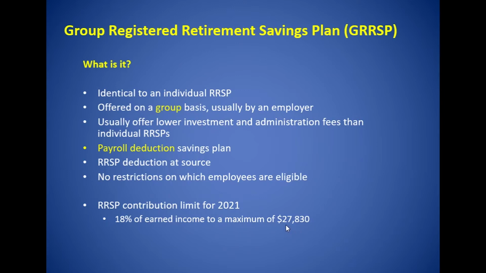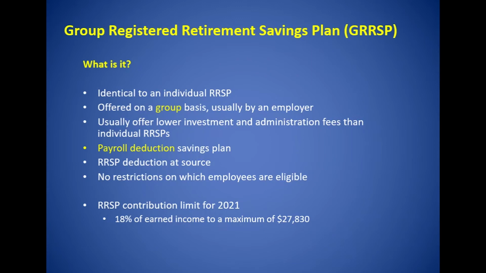And so if you are contributing to the group RRSP at your work, then you have to honor this RRSP contribution limit. So in some situations, maybe you're contributing, say, $200 a month to your group RRSP program at work. If you have any additional contribution room left at the end of the year, you may be able to put in that additional contribution in an individual RRSP.